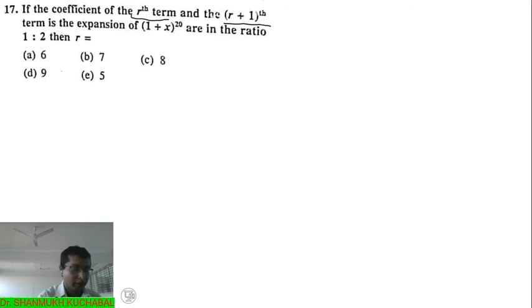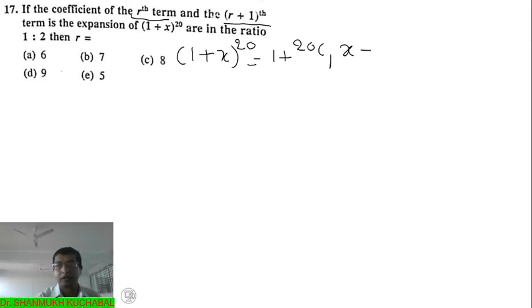So first we'll expand: (1 plus x) raised to 20 equals 1 plus 20c1 x, next 20c2 x squared, plus so on, and the last term is x raised to 20.